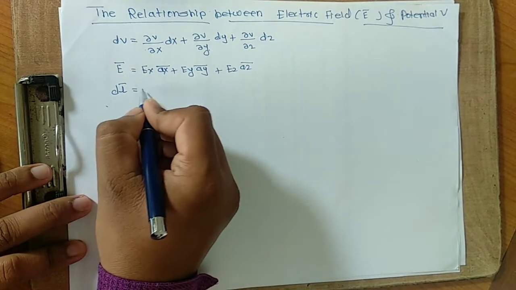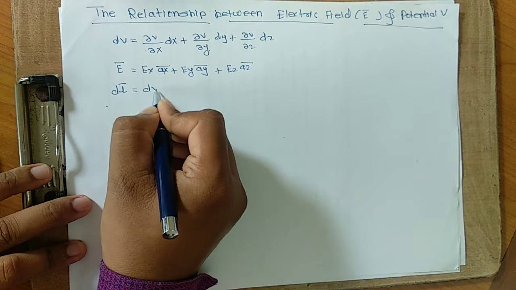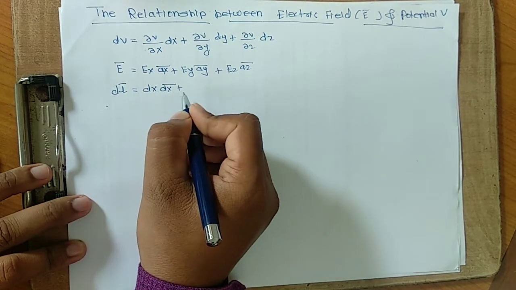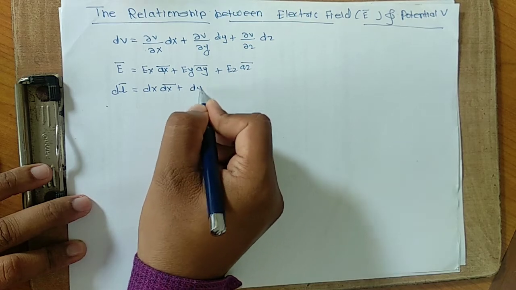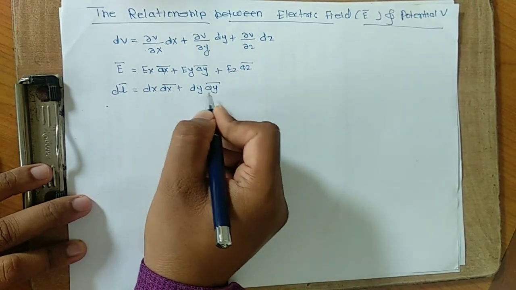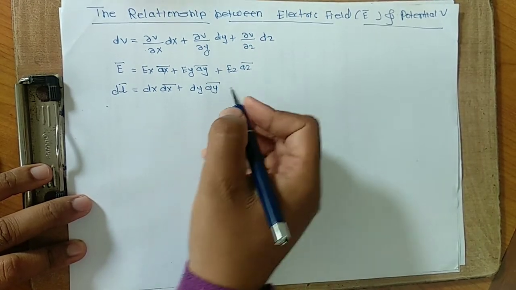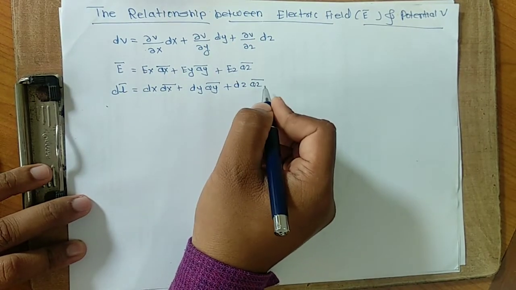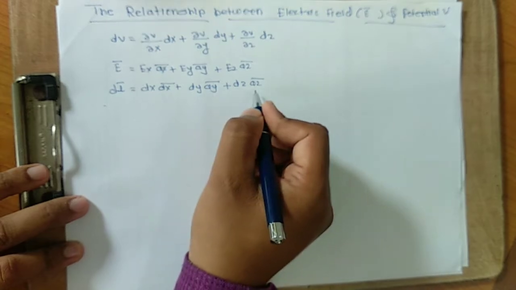So dL bar is equal to dx Ax bar, the differential in the x direction, plus dy Ay bar, the differential length in the y direction, plus dz Az bar, the differential length in the z direction. So I have to write all the components.